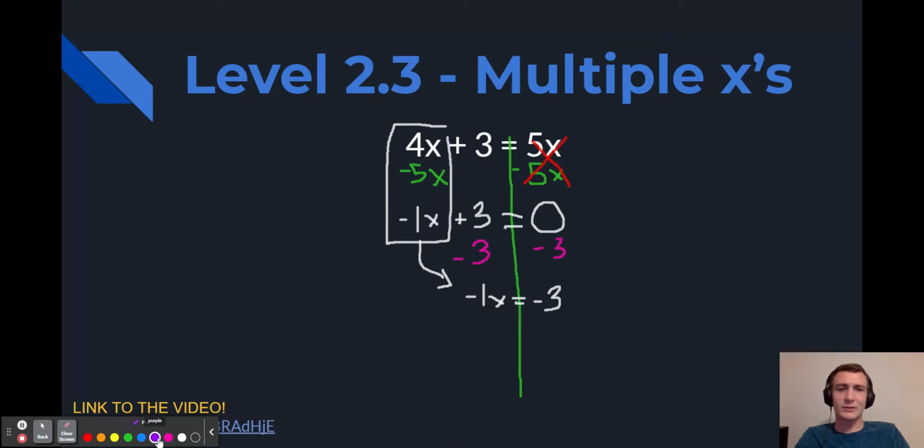Awesome. And now we have our final step here, which is dividing by that negative 1, which is going to give us x equals, well, it's a little tricky, right? The negative 1 can cancel out. Two negatives make a positive, so this gets x equals positive 3.